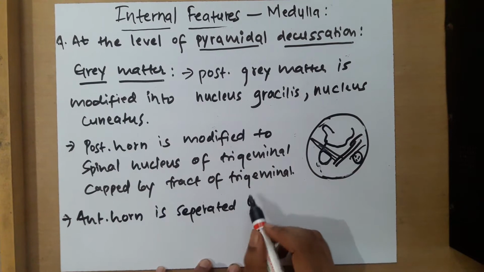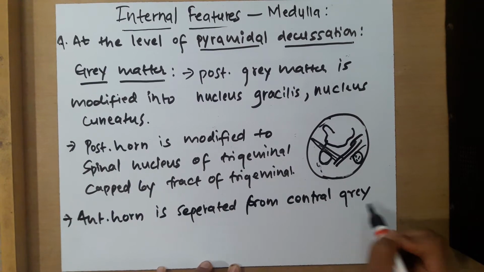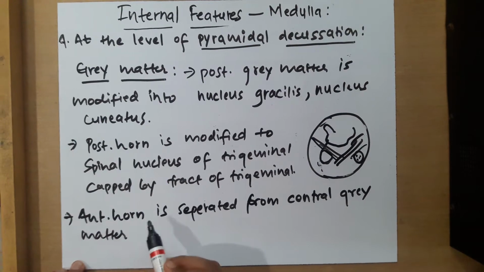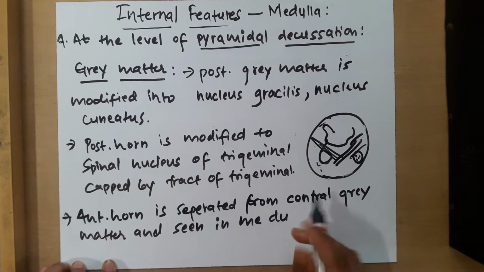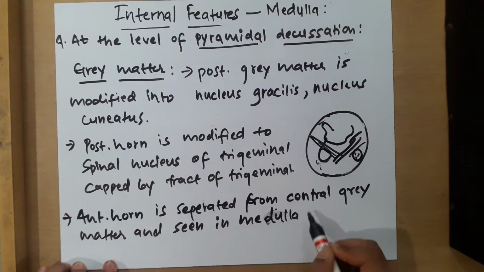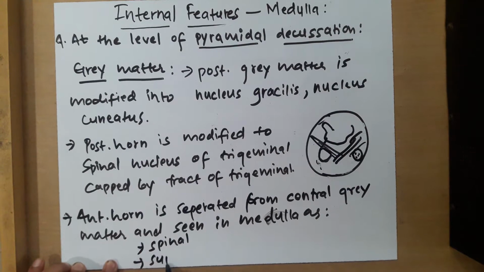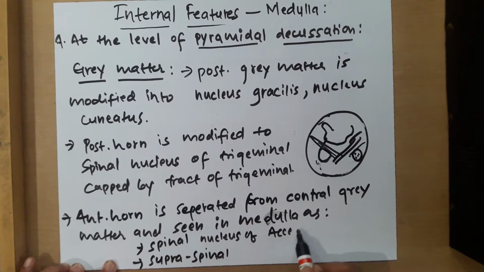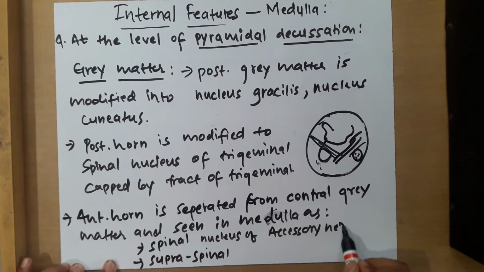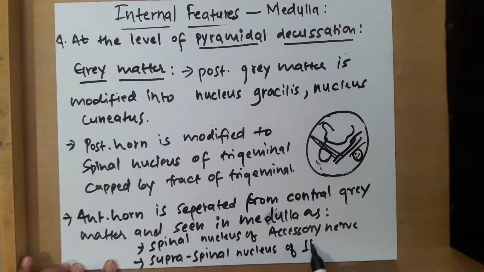Anterior horn is separated from central gray matter and seen in medulla as spinal nucleus of accessory nerve and supraspinal nucleus of first cervical nerve.